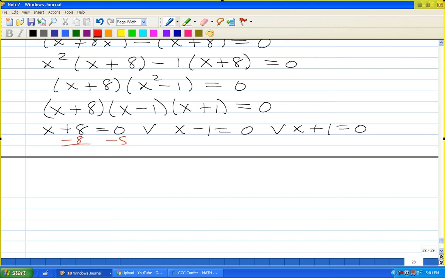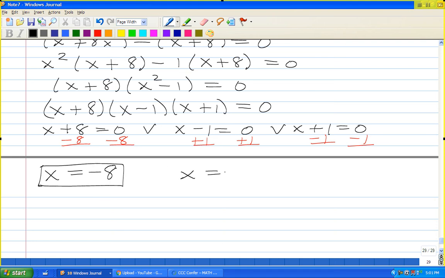Subtract 8, add 1, subtract 1. So x is equal to negative 8, positive 1, negative 1. So this cubic equation has three solutions. I'm sorry, negative 8, positive 1, negative 1.